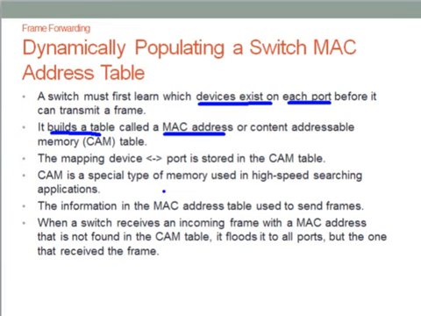Using this MAC address table, it will map to the correct device located on each port of the switch. This is used for what we call high-speed searching in the switch, and the MAC address table is able to send the frames efficiently to the destination address.